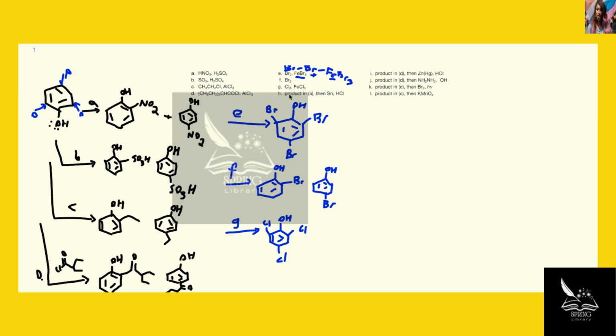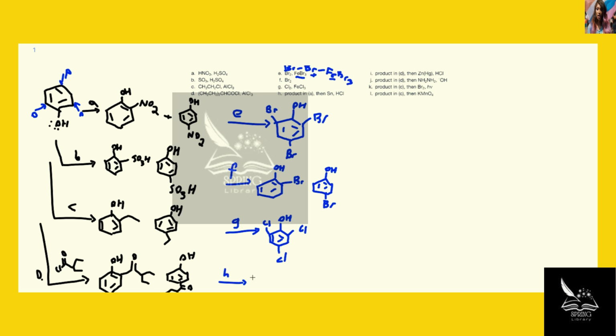Now in H, what we're doing is we're taking the product of A, and then we're adding a reducing agent here. So let's draw the product of A. We have two products for A. We'll draw the products of A first.